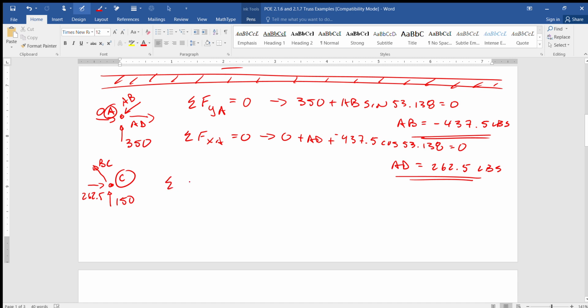So some of the y's have to equal 0. So if you do this, you would get 150 plus BC, you got to use the angle up there, sine of 29.745 equals 0.